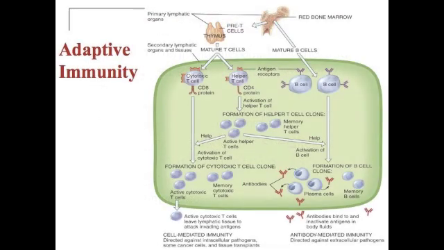And here we see figure 22.11 on page 865. This shows how the B cells and pre-T cells arise from the pluripotent stem cells in the red bone marrow. B cells and T cells develop in primary lymphoid tissues and are activated in secondary lymphoid organs and tissues, such as the lymph nodes, spleen, and lymphatic nodules.